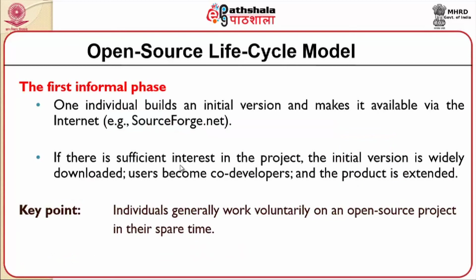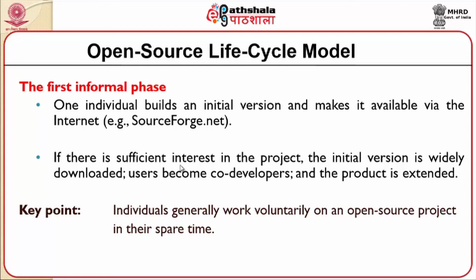The first informal phase of this open source lifecycle includes one individual building an initial version and making it available via the internet. Say, for example, we have been using SourceForge. If there is sufficient interest in the project, the initial version is widely downloaded. So many people try to download it from the website, and users become co-developers.